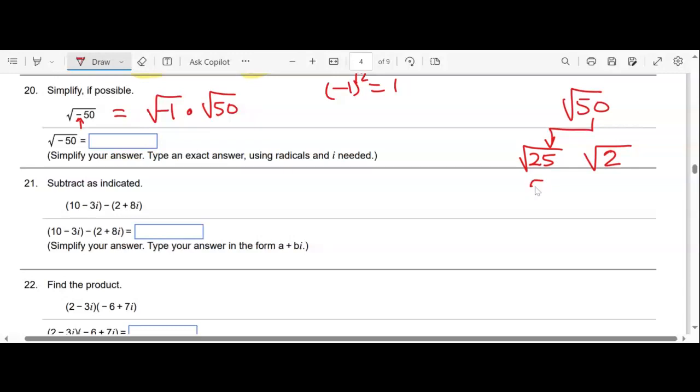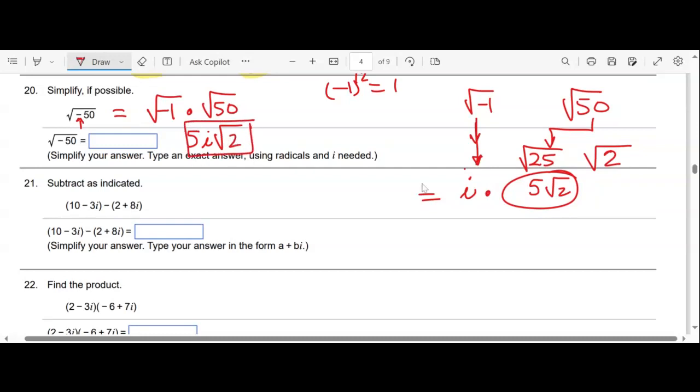What's the square root of 25? 5. And what's the remaining? 2. And what is the square root of negative 1? i, right? So your final answer will be 5i square root of 2. Easy as easy.